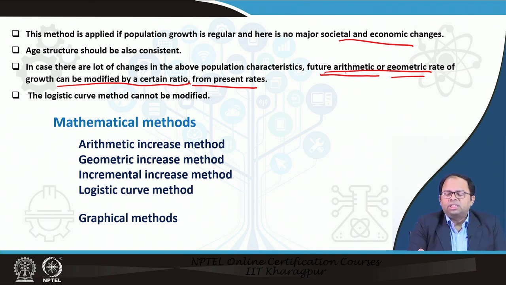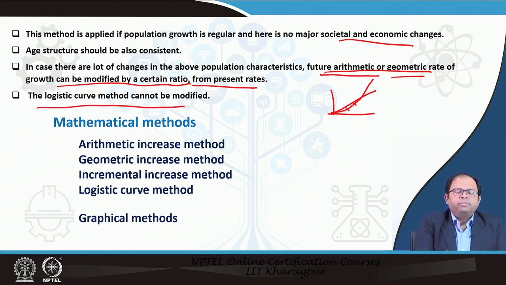So instead of the logistic curve, we can use a linear increase rate or a geometric increase rate, and we can say that in future years the geometric rate that we estimated for previous years can be increased by a certain ratio. But the problem is that in the logistic curve method, we cannot modify the particular rate.